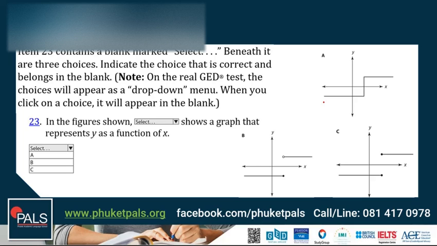Now looking at all the choices, in choice A, y has many values for this value of x here. Same with letter C, there are 2 values for one value of x. And letter B, one is an empty dot, so it means it's not a value, so there's only one value here. So therefore, B is the correct answer.